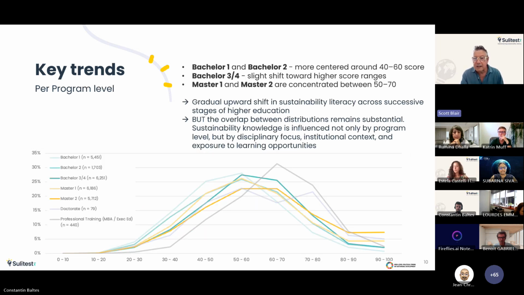Here we have the trends based upon the length of programs, Bachelor 1 and Bachelor 2, Bachelor 3 and 4, Master 1, and Master 2. And we see that the longer students are in school, the more they learn about and hear about sustainability, understandably, their scores tend to increase.